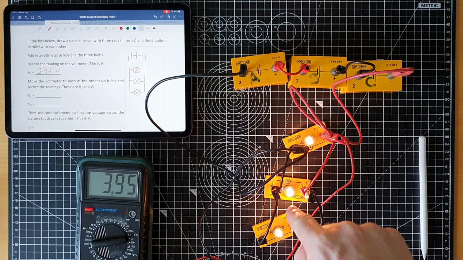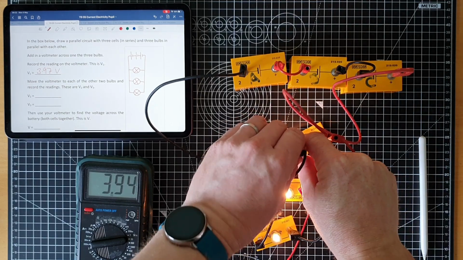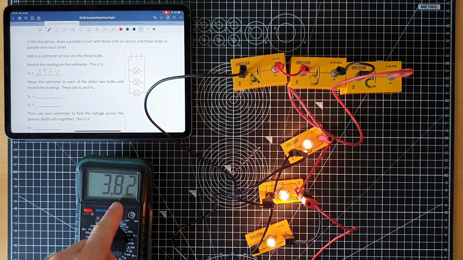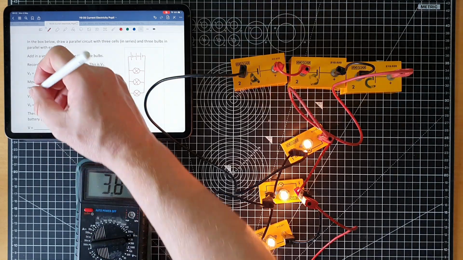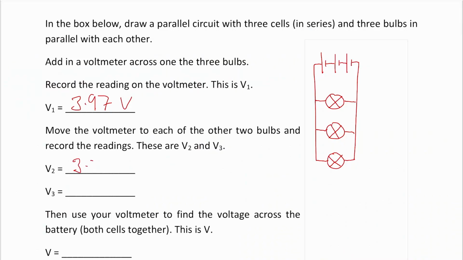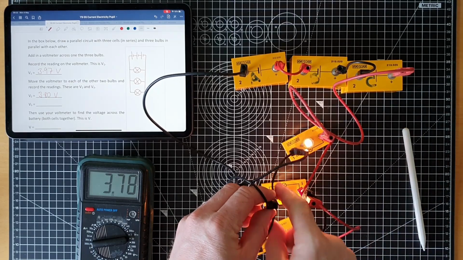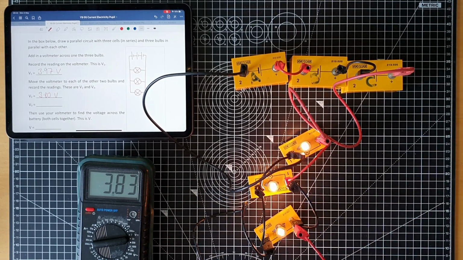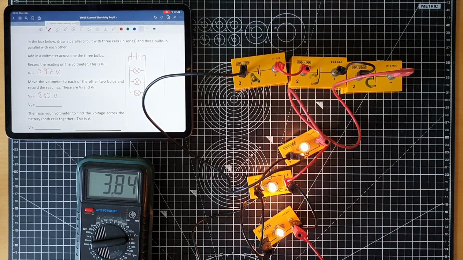That's connected across the second bulb. That's very similar, a little bit lower, say about 3.80. And again, across the third bulb, in this case 3.84.